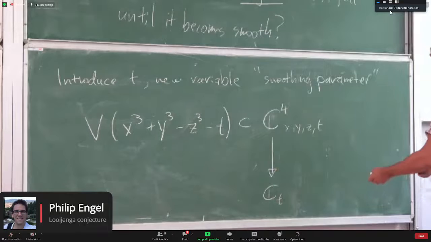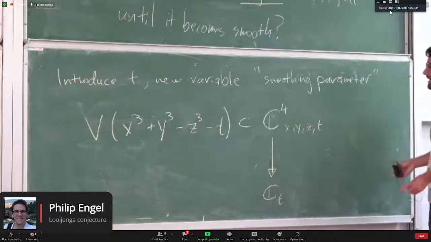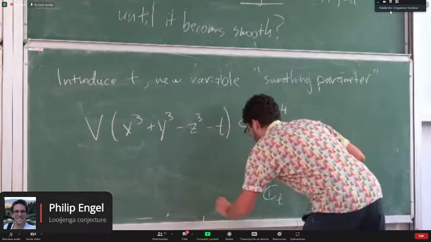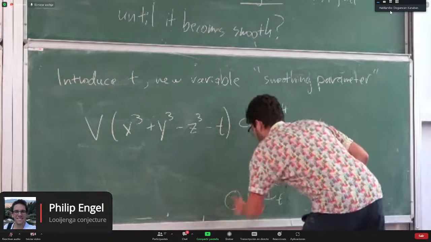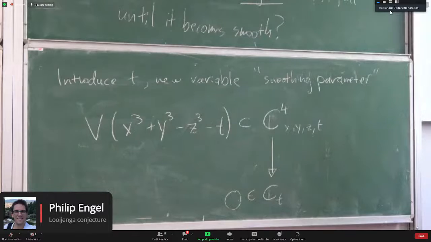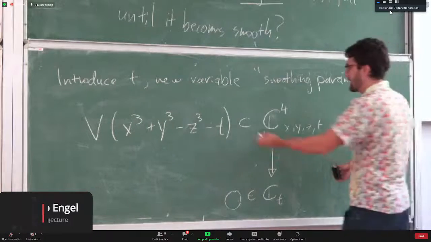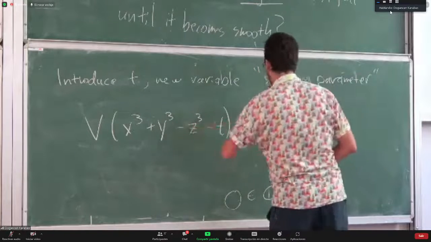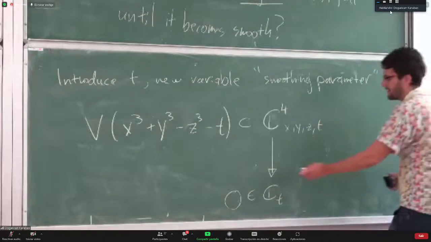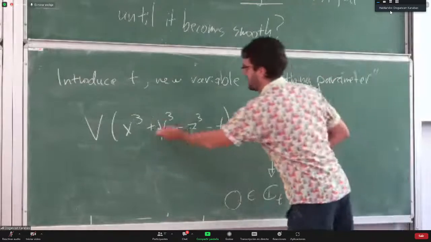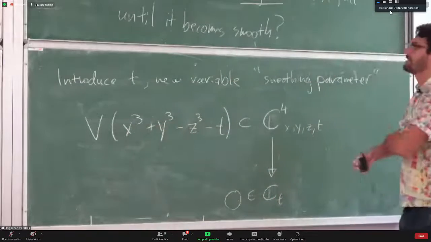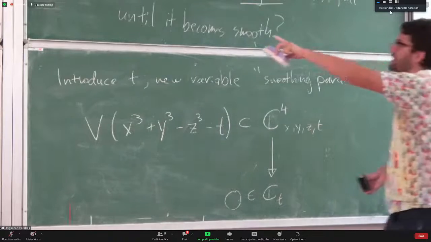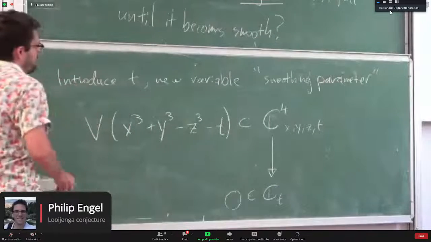Okay. So we have this projection onto the last coordinate, and inside of here, we have the point 0. This is the point where t equals 0, right? If we look at the inverse image of 0, it will be the vanishing locus where t is 0, and that gives our original singular surface.